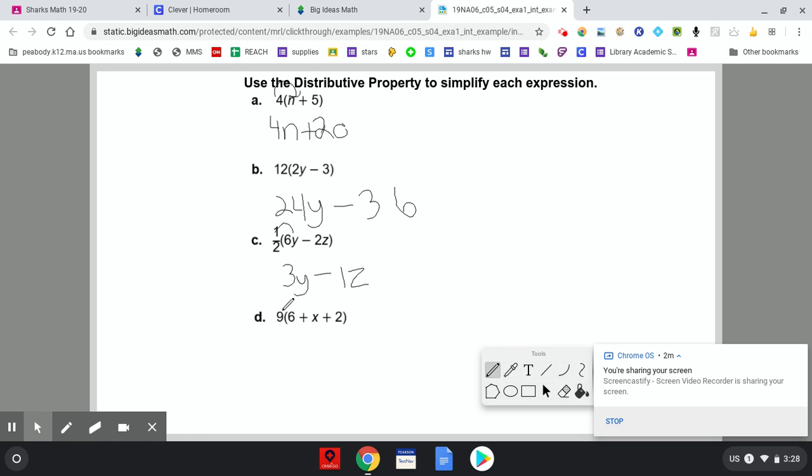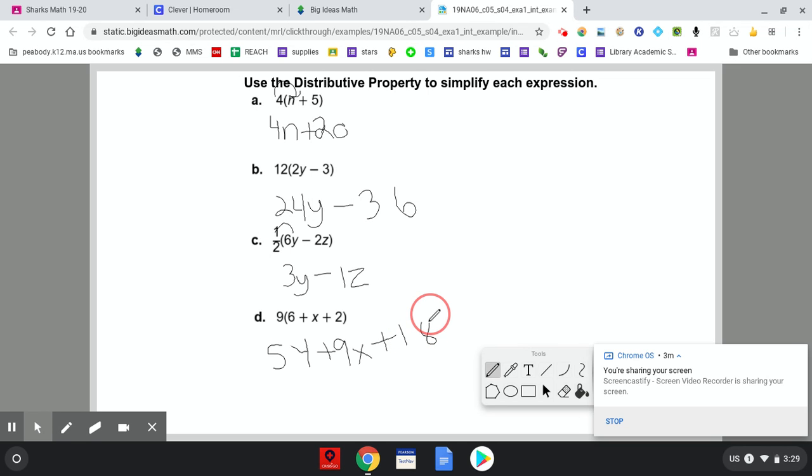The last one here, I'm going to do 9 times 6, which is 54. And then I'm going to bring down the plus sign. And I'm going to do 9 times x, which is 9x. And I'm going to bring down my plus sign. Then I'm going to do 9 times 2, which is 18.